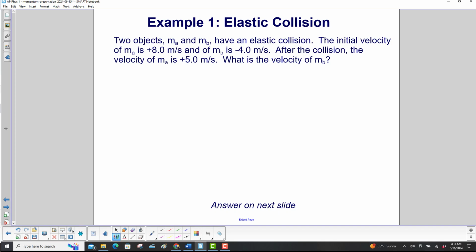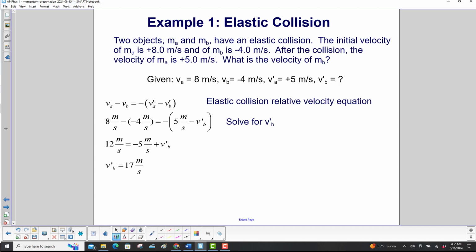Example 1. Two objects, m sub A and m sub B, have an elastic collision. The initial velocity of MA is 8 meters per second and MB is minus 4 meters per second. After the collision, the velocity of MA is 5 meters per second. What is the velocity of MB? We weren't given the masses, but we were given 3 velocities.